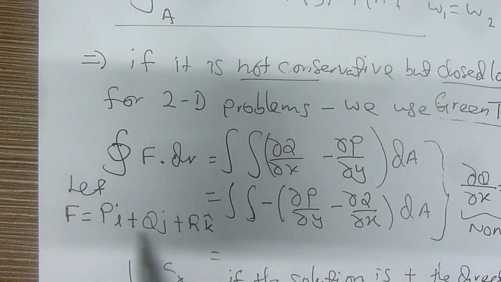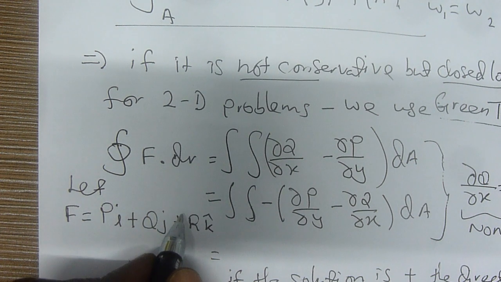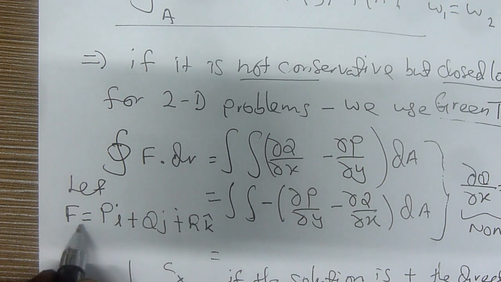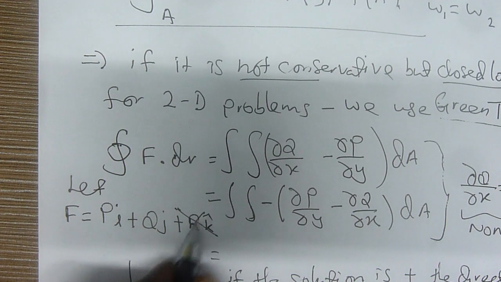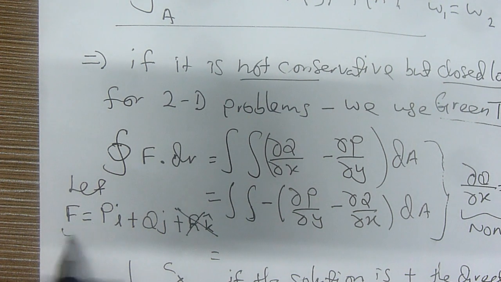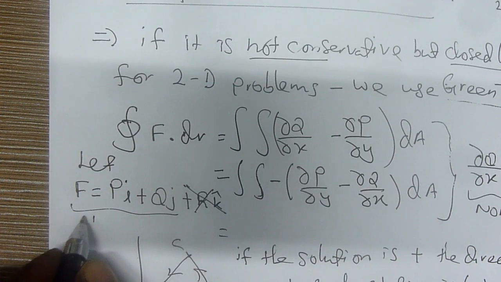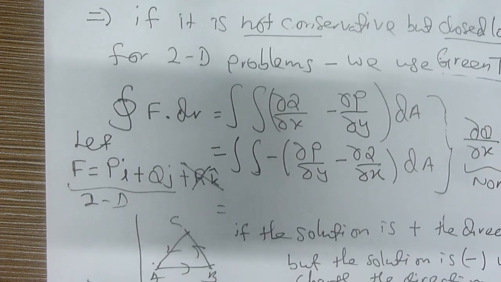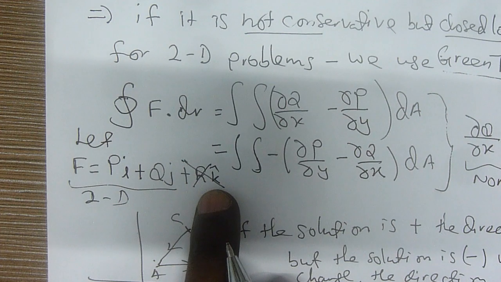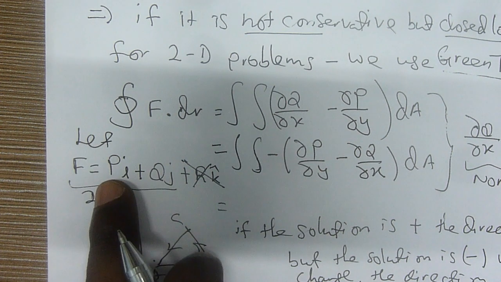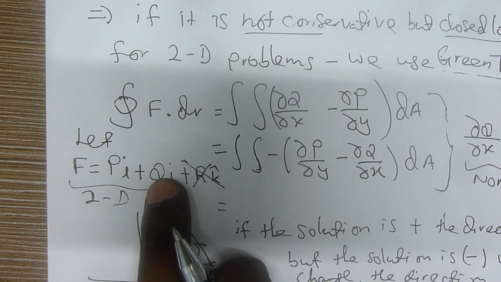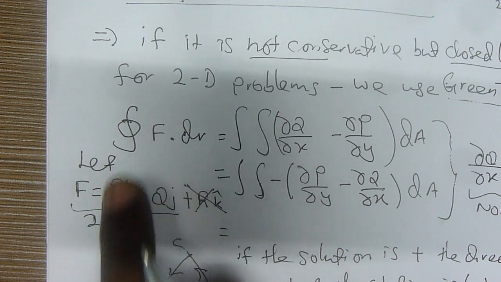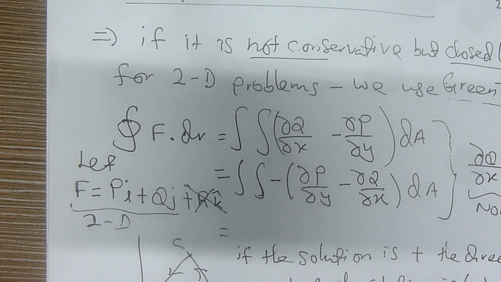When it becomes 2D, there is no Rk for the F. It's 2D. If you just happen to see P and Q in the F, without k, you need to use Green theorem.